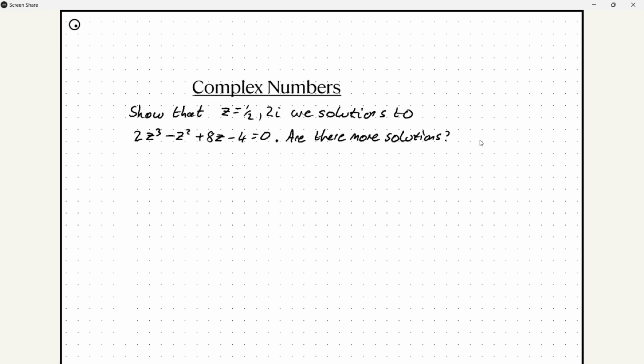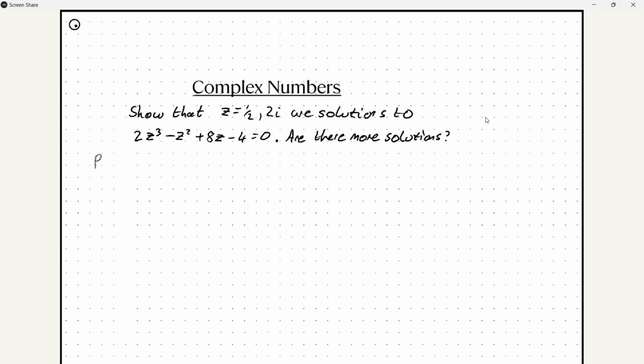When all of your numbers are real in your cubic equation, you're going to either get all real solutions or one real solution and two complex numbers. Now, this is where the second rule will be coming in handy. But let's first show that these two are solutions.